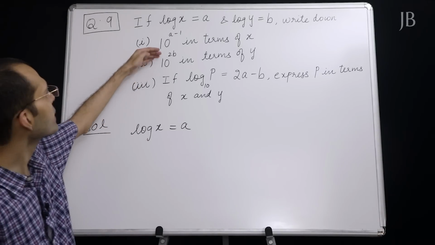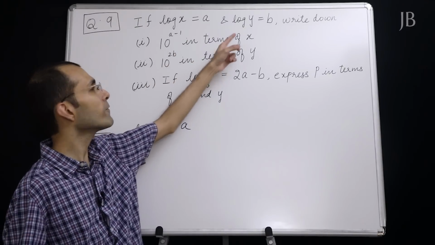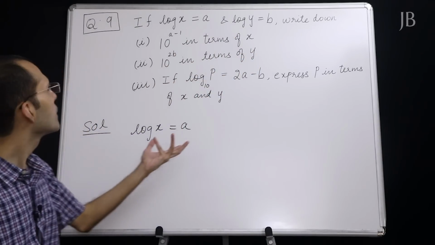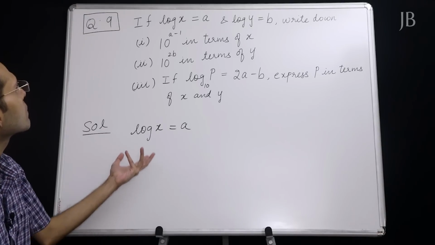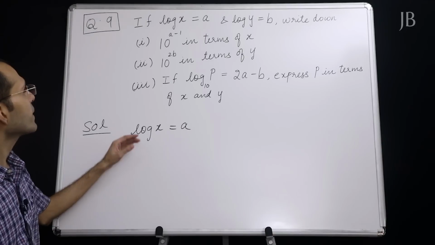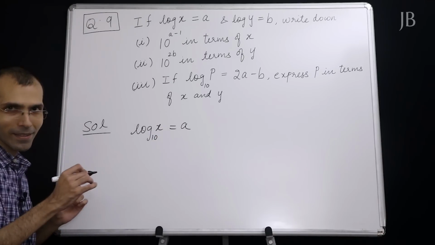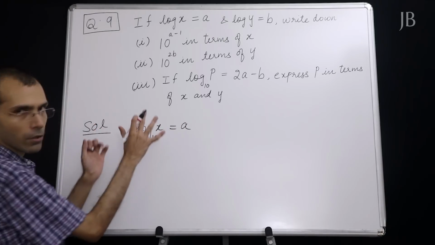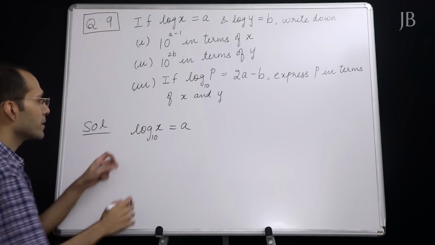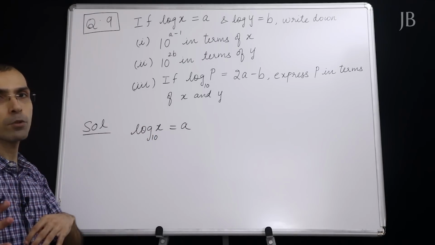But here when they say write 10 raised to a minus 1 in terms of x, log is not involved anywhere. So what to do? But they have given log x is a and the base is what here? 10. So now we can try and get rid of logs. But that doesn't mean that you just remove off log. We have to convert it into equivalent exponential form.